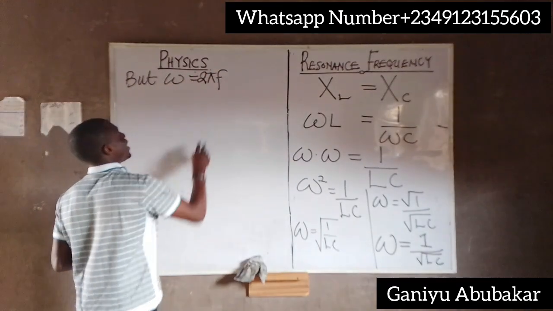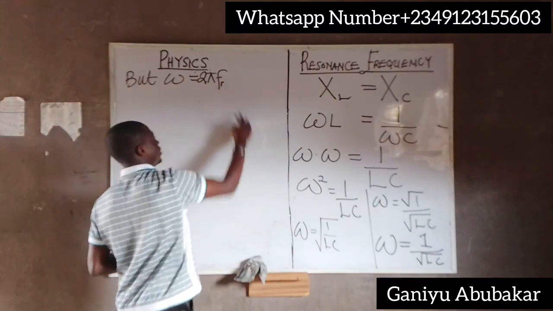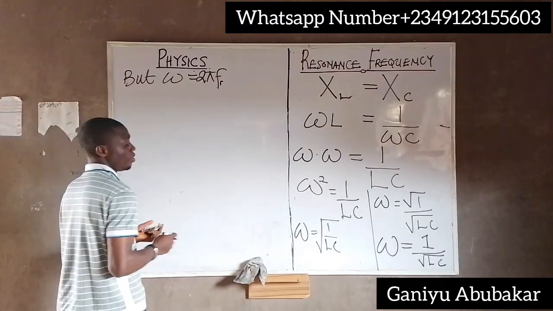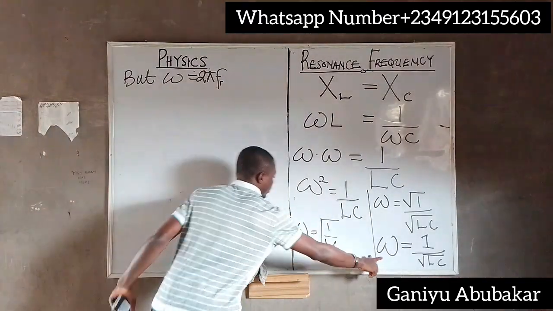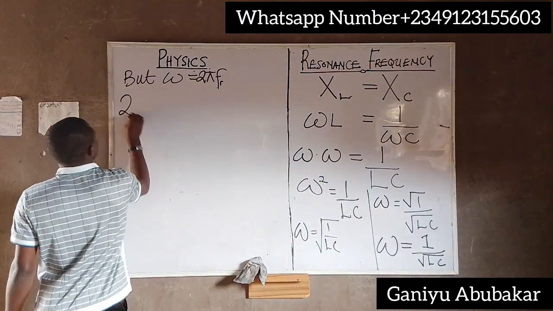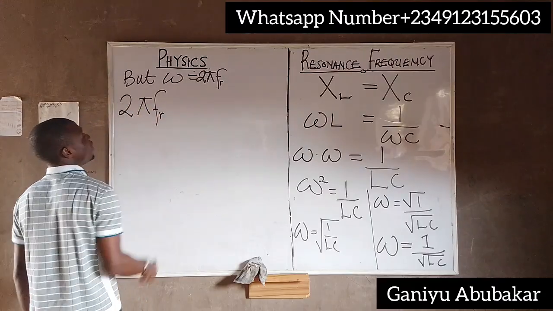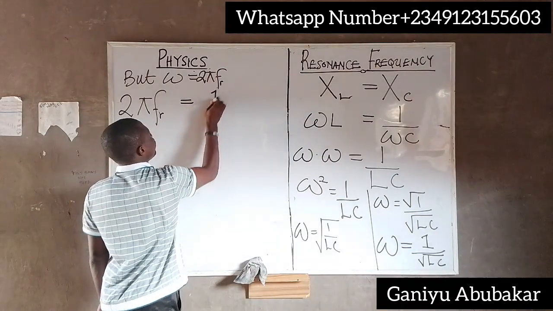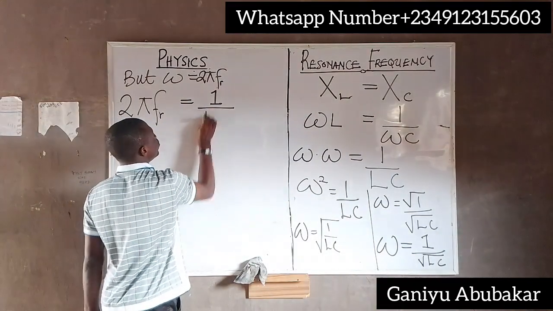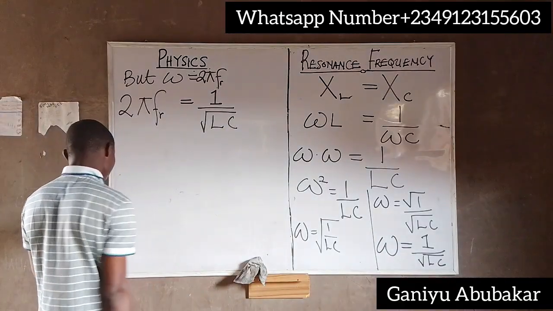But in this case here, my f becomes fr. That's resonance frequency. You have to get resonance frequency here. So omega, that's 2 pi fr. Fr is resonance frequency, is equal to 1 all over the square root of LC.